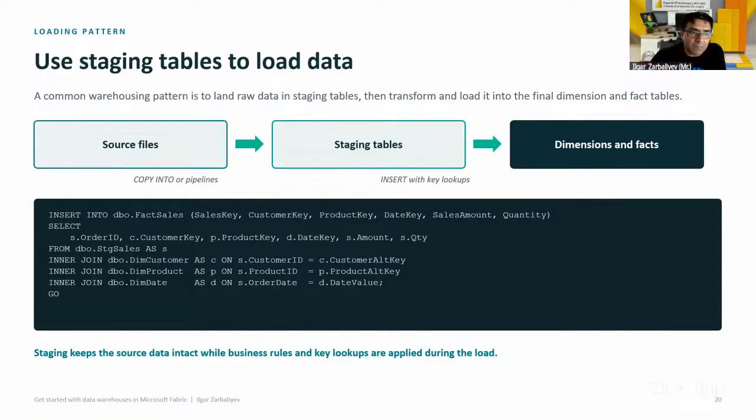Look at the flow at the top. Source files come in through COPY INTO or a pipeline and land in staging tables. Staging tables look like the source, not like your model. Then a second step transforms that staged data into a dimensional model.